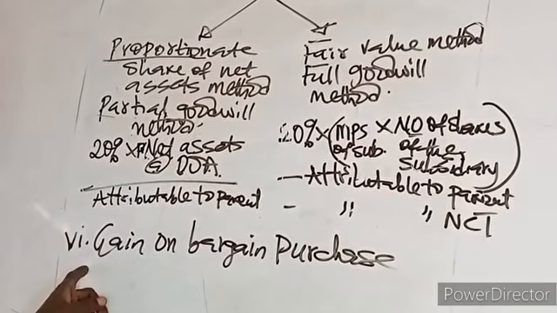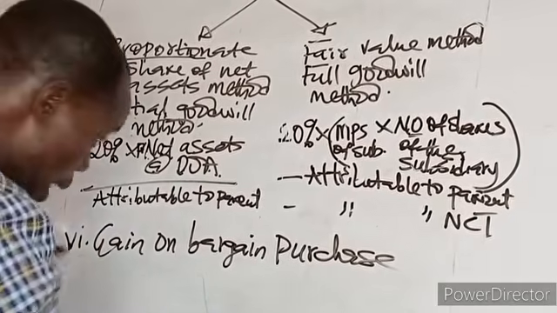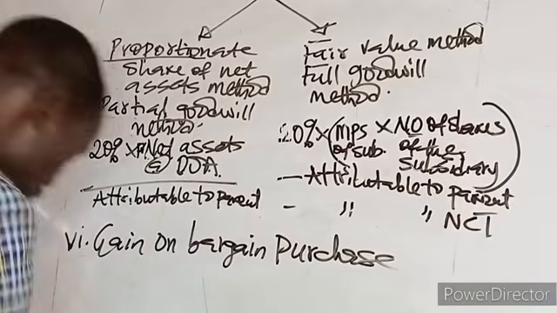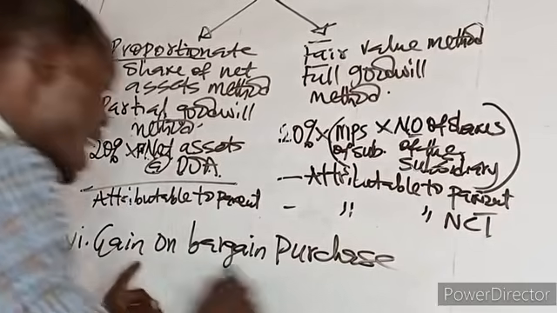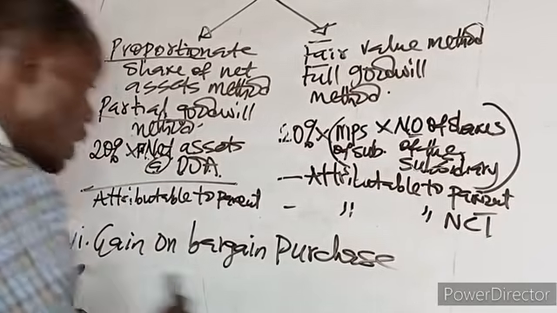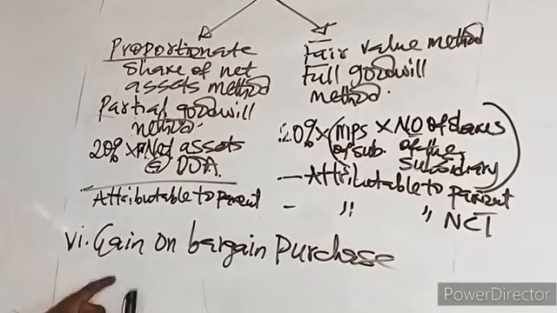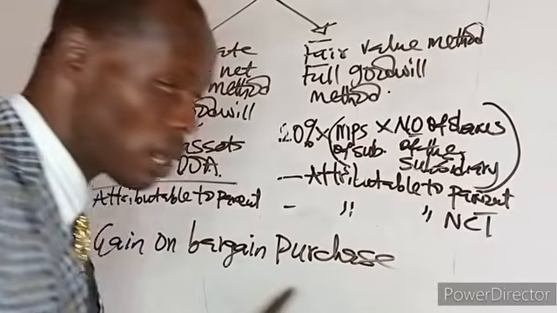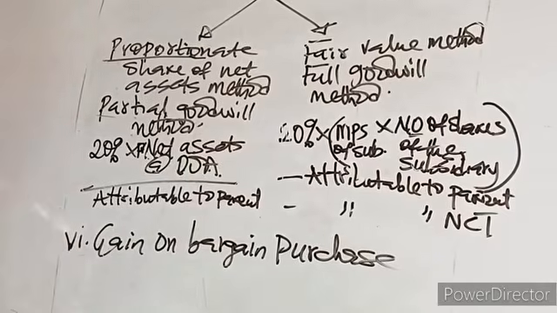That is, the calculation of goodwill turns out to be negative. You calculate it the same way you calculate your goodwill, the same format, the same formula, only that the result will be negative. In accordance with IFRS 3 Business Combinations, your negative goodwill should be called gain on bargain purchase.